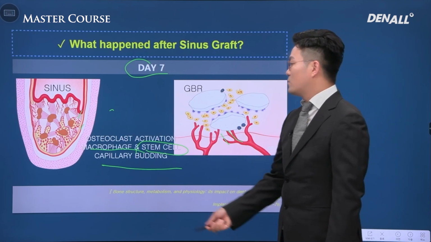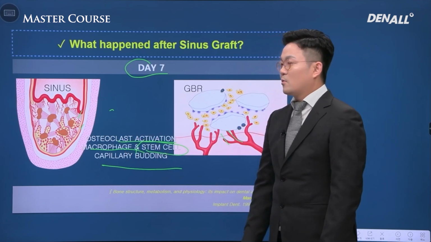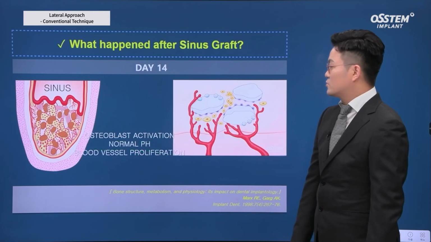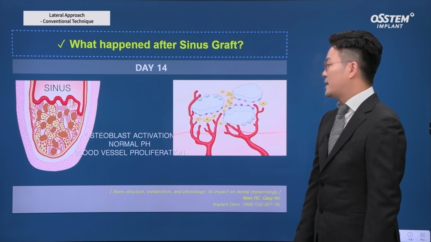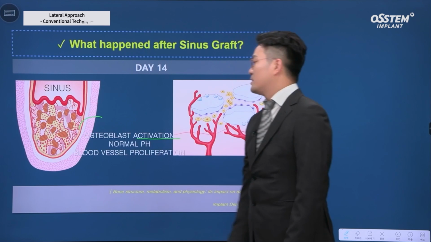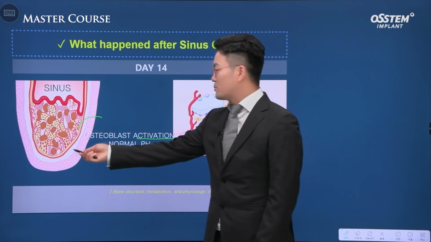Here there are a lot of osteoclast activations. During this time you have these different activities, and by day 14, after 2 weeks, osteoblasts are activated, creating new bone, and by that time pH becomes normal and blood vessels supply blood.